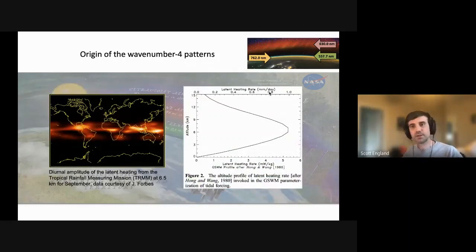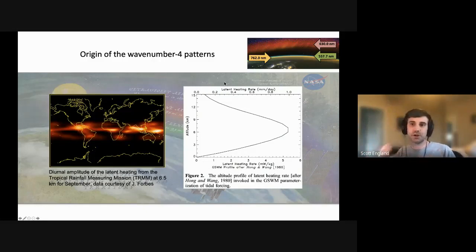So very large global scale wave patterns that get generated in the lower atmosphere through a longitudinal asymmetry in the energy inputs. So the most likely candidate being a sort of longitudinal asymmetry in latent heat released as water vapor turns into water droplets, which occurs across this sort of broad altitude range.